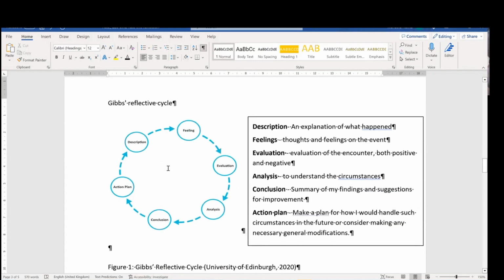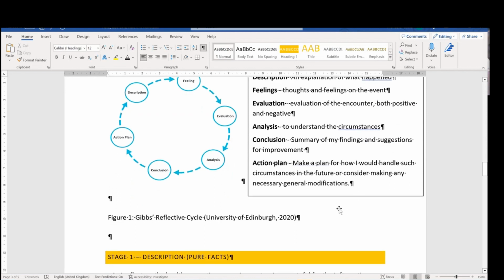We have the description of what happened, thoughts and feelings, evaluation, to understand circumstances, conclusion, action plan, and so on. If that wouldn't be in a box, but it would be in the picture, it wouldn't count towards the word count, which would be a lot better because then you can use more words in the actual main body.